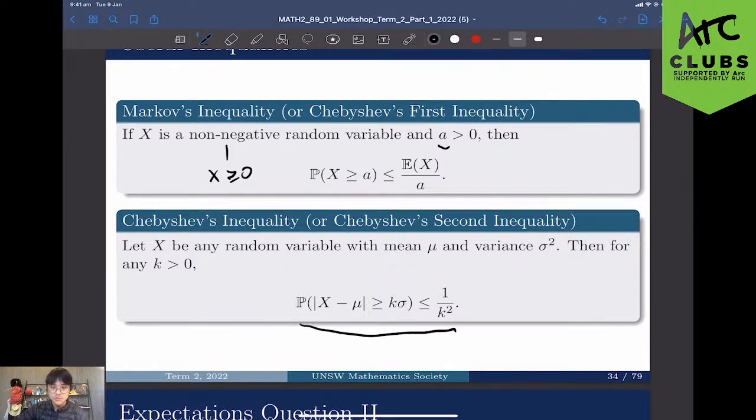What this formula shows is that the probability that a value X of the random variable is greater than K standard deviations from the mean is less than or equal to 1 over K squared.